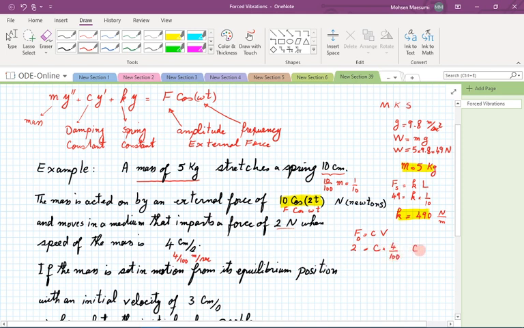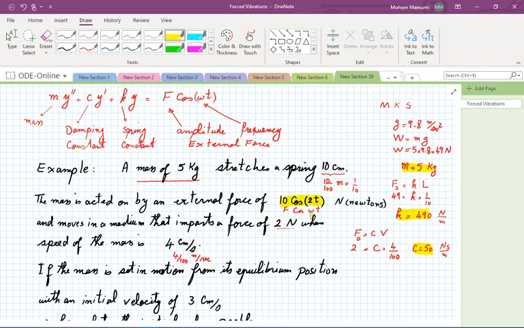So obviously c from this turns out to be 50, and the units of that are newtons seconds per meter. So one more of the mystery objects is taken care of. So m, c, k, we know that. F cosine of omega t, we know that one too.